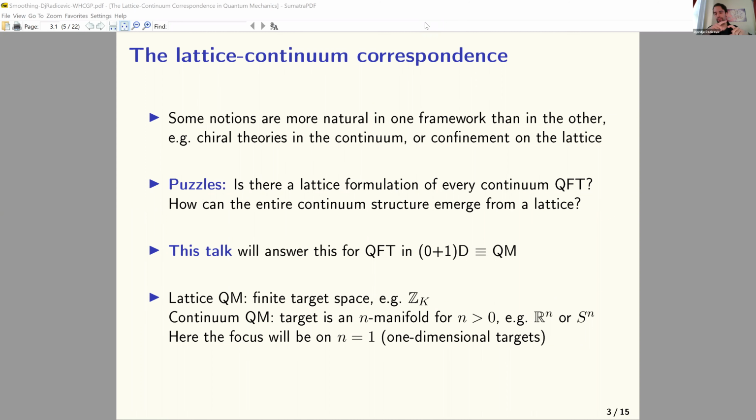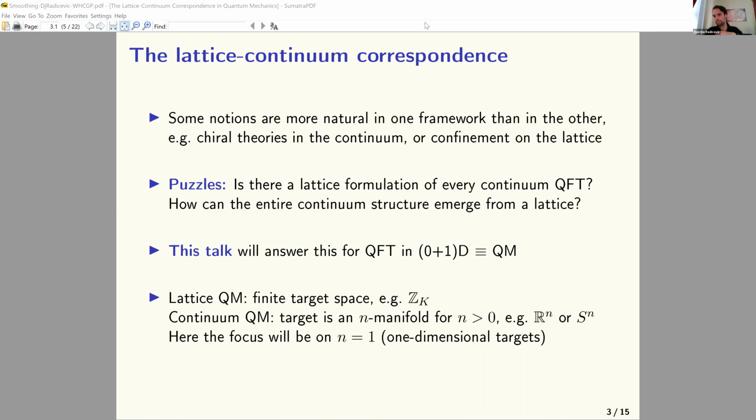The theory is essentially the theory of a single quantum particle moving in some target space. There's still a lot happening even in this simple setup. It's definitely not a trivial situation. So there's a lot that we can say about it, and I think it's a good introduction.